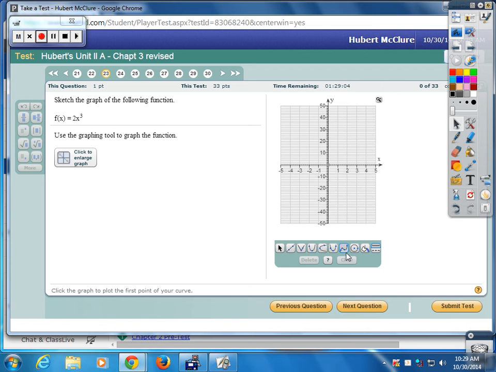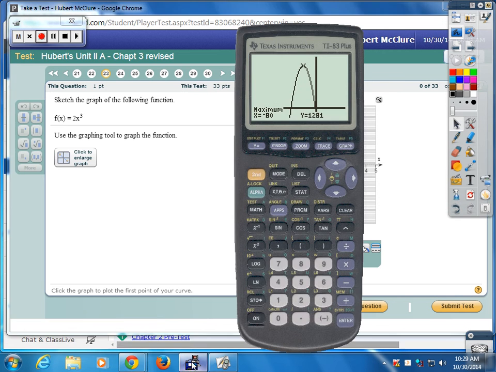And then match it up. Let's go ahead and punch that in. Y is equal to 2x cubed, zoom 6, and it looks like that.